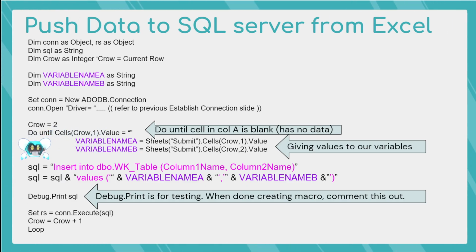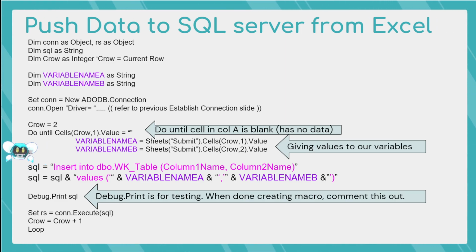So we can say SQL equals quotation marks, insert into the table that you want to populate, specify the columns, and you can continue building off this one row, but to make it easier to read, I have broken it up here.